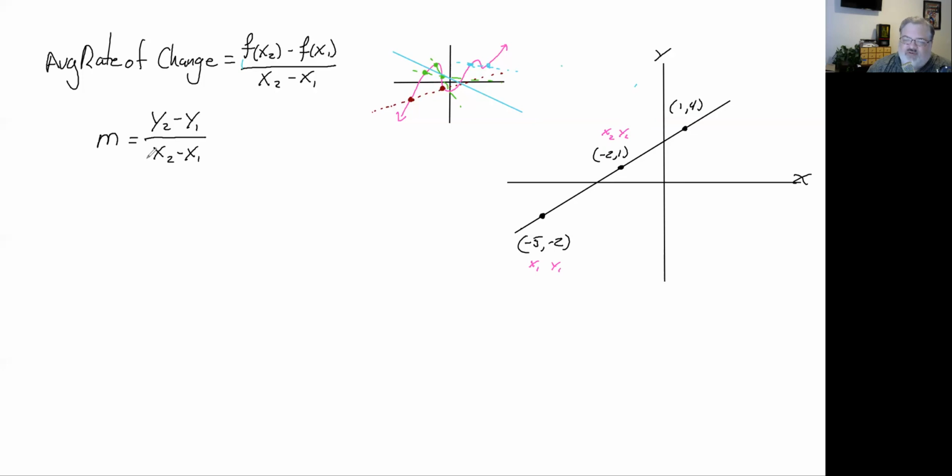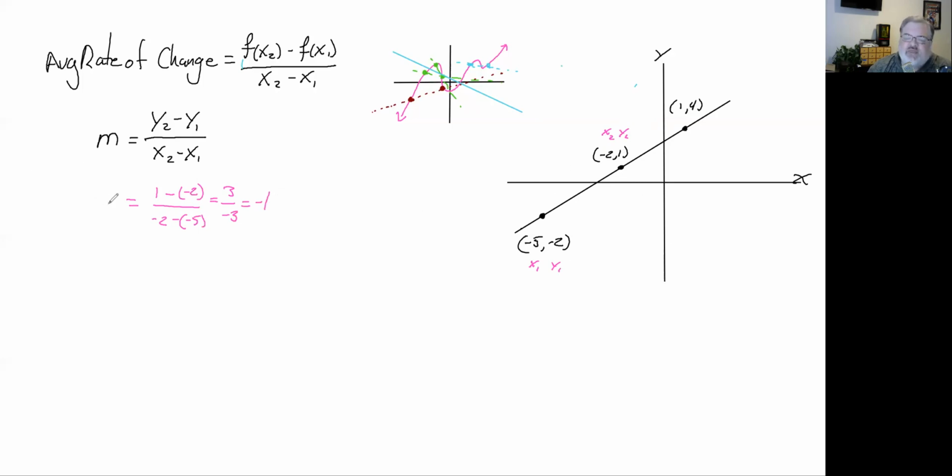So if we used those points, we would have 1 minus -2 over -2 minus -5. So we'd have a slope of, what that would be, 3 over -3. So I guess our slope would be -1.